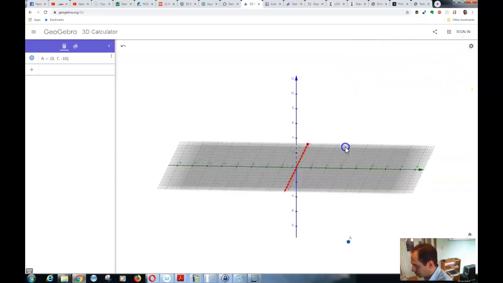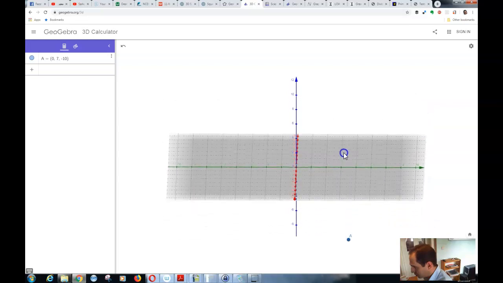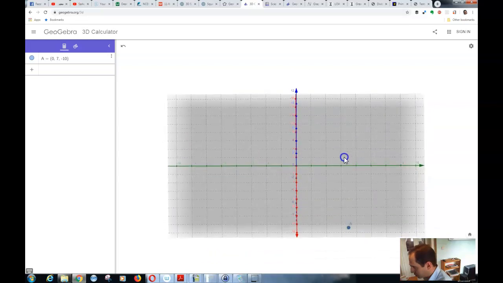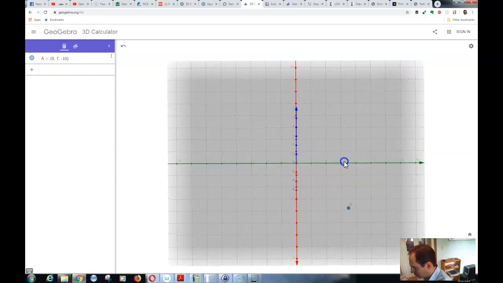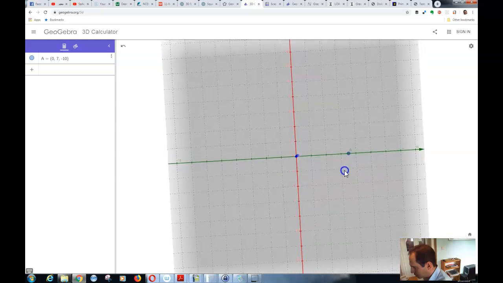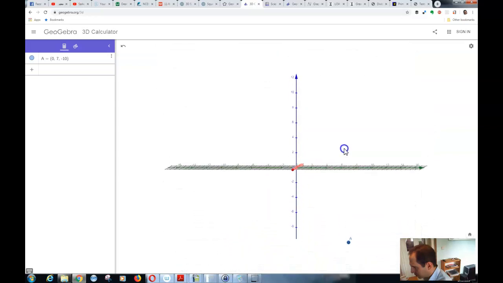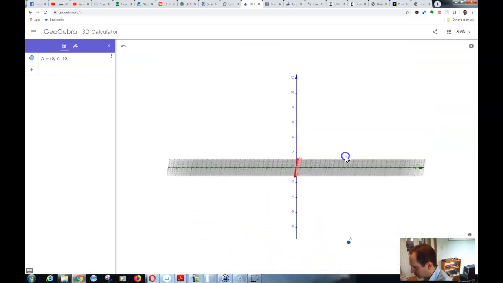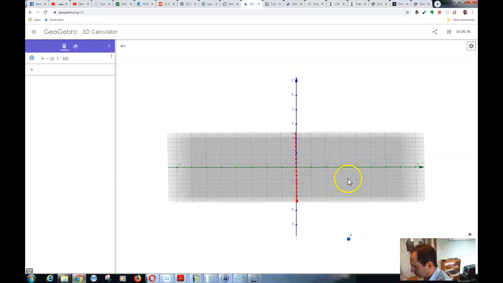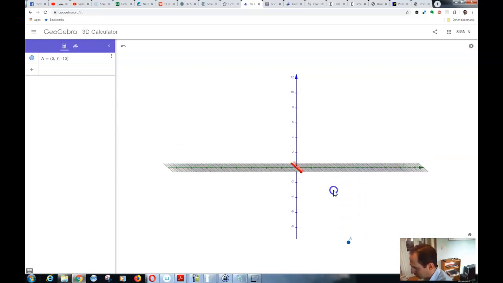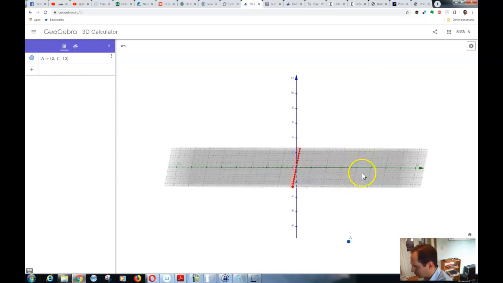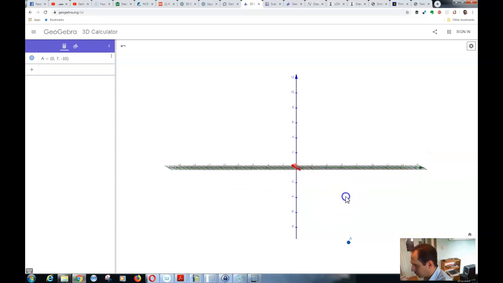Okay, so now the point is over here, right? The point is down here. Now the problem is that I cannot really see whether I know I'm down here. So basically I have the first octant, second, third, fourth, and down here I have the fifth octant and the sixth octant over here.